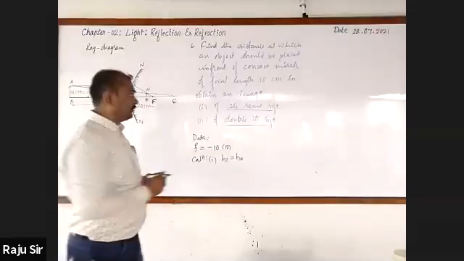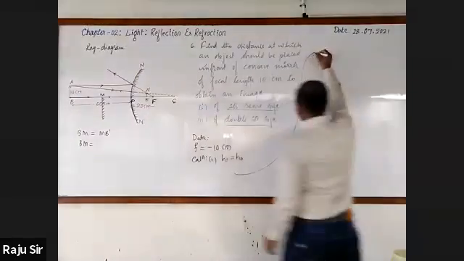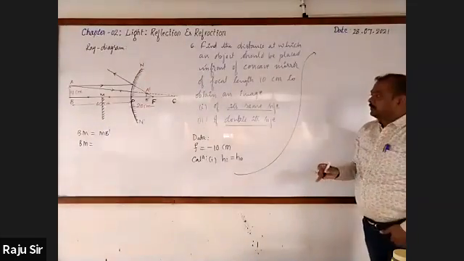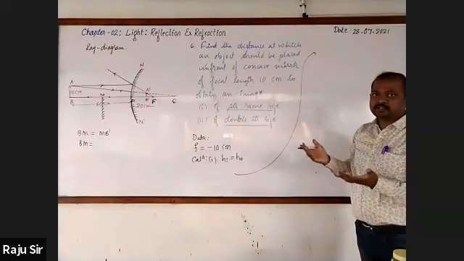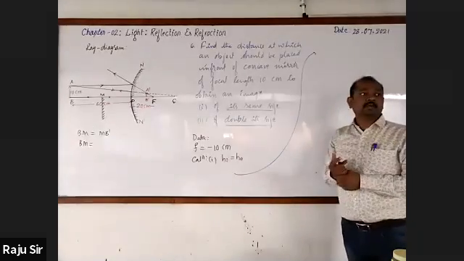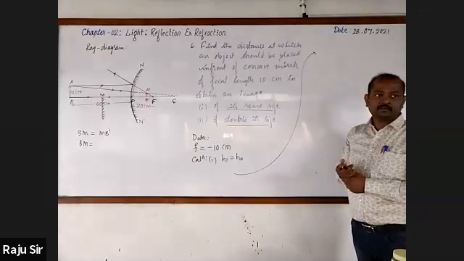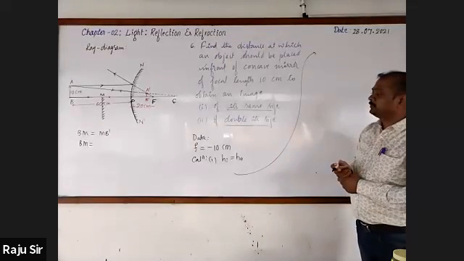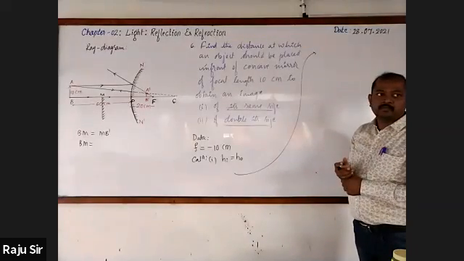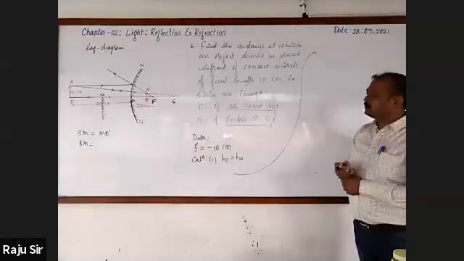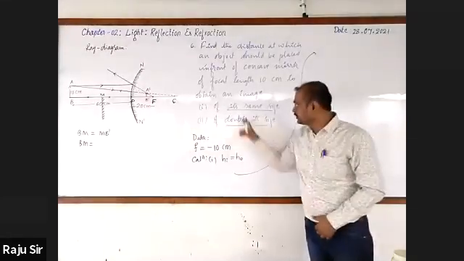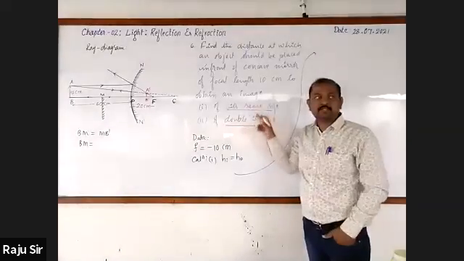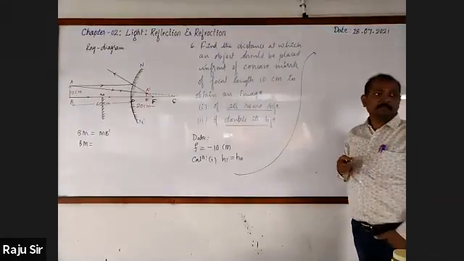Then how do you come to know the distance? Because it should be placed at 20 centimeter, right? R equal to 2f, of course it is. But for this condition, how do you go for calculating?